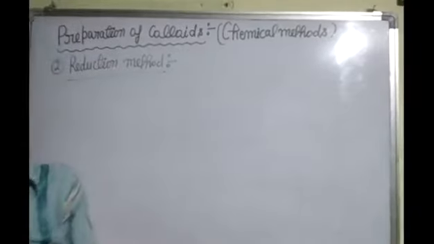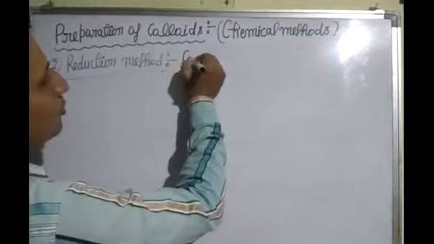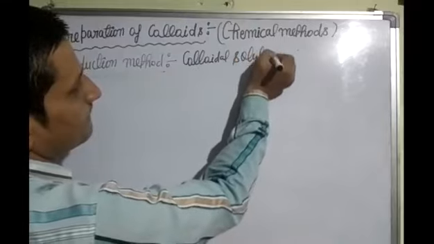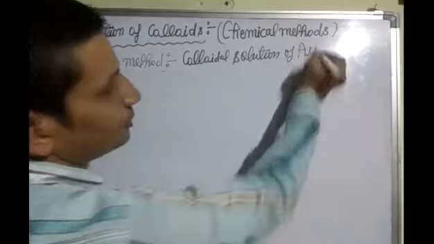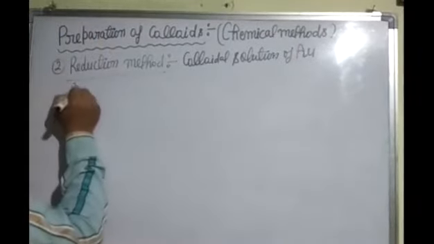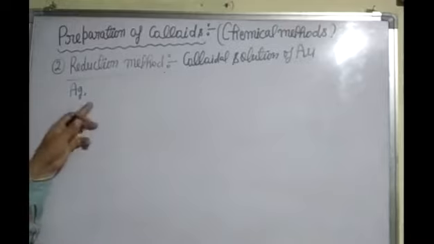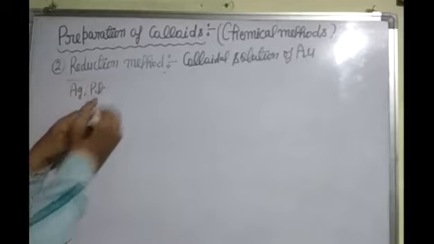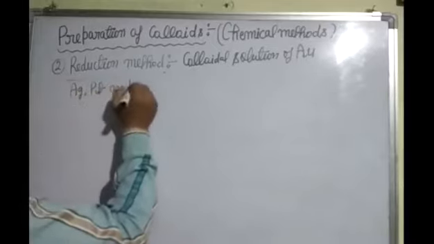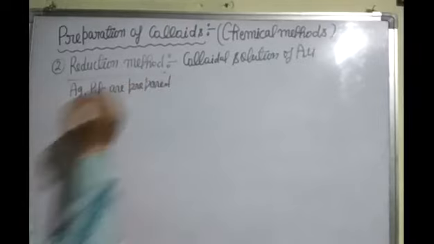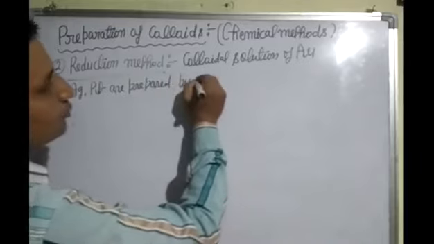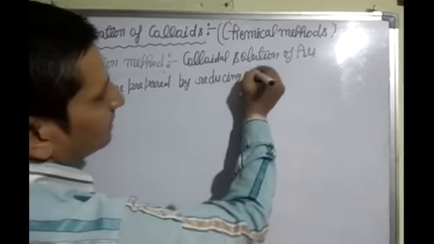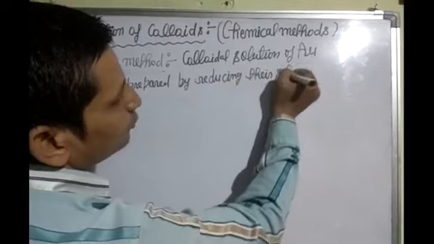Look here, reduction method. Colloidal solution of gold Au, silver Ag, platinum are prepared by reducing their salt solution.